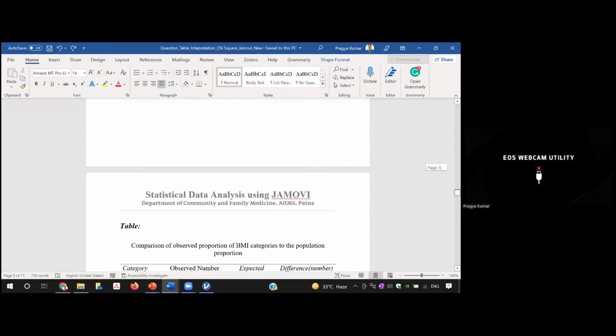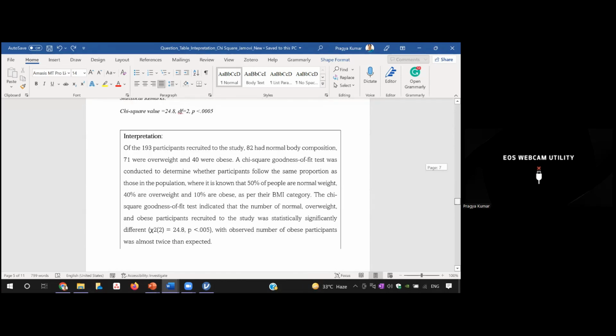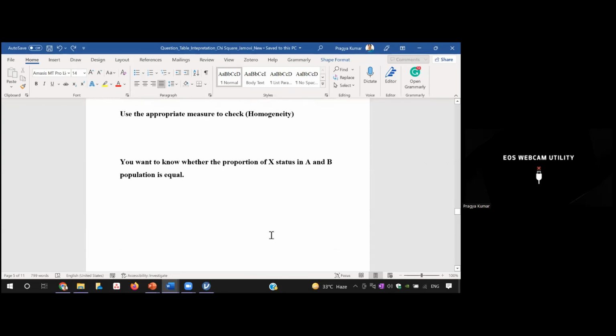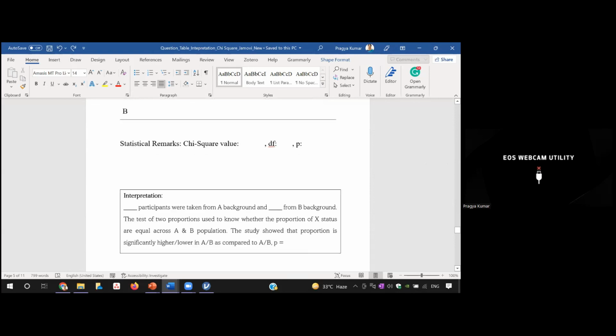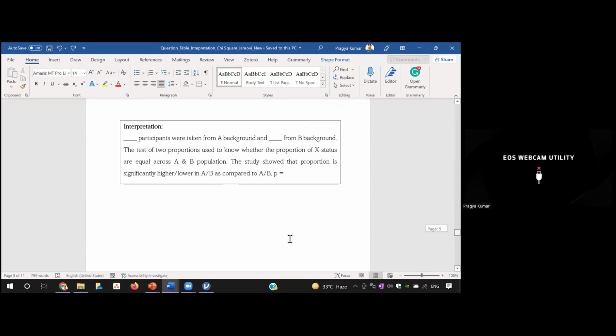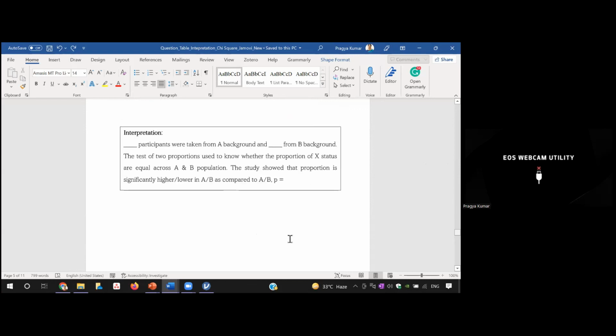The 2 by 2 will again have categories A and B and then the proportion of these values, and you can write whether it was higher or lower in one population as compared to the other. So this is how you have to write.